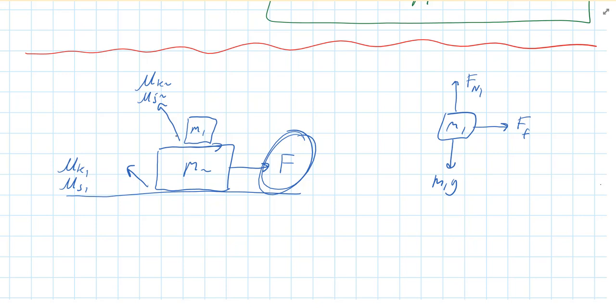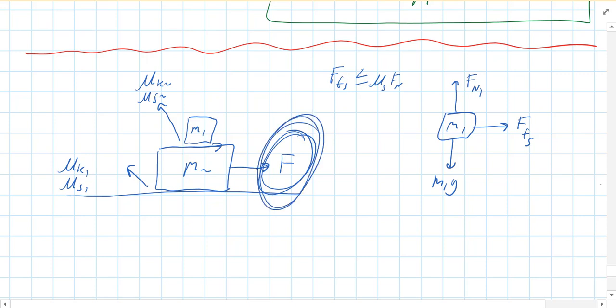Now, the other question is, what kind of friction is it? Is it static or kinetic? Well, we don't want the stapler to slide, so this is static. If you'll recall, we said force of friction static is less than or equal to mu static times F normal. Since I'm asking you for the maximum pulling force, we're going to use the equal part of this.